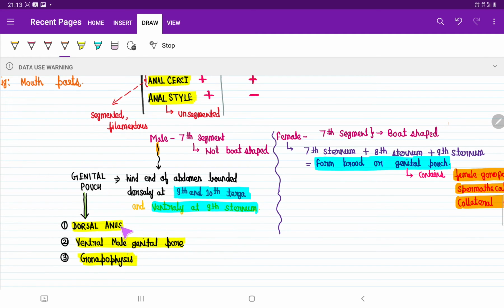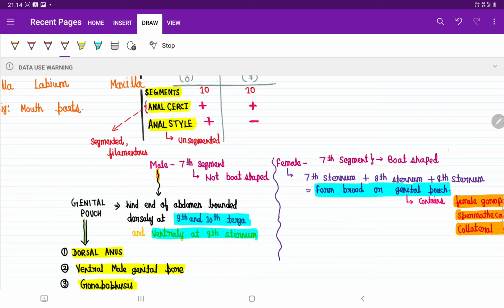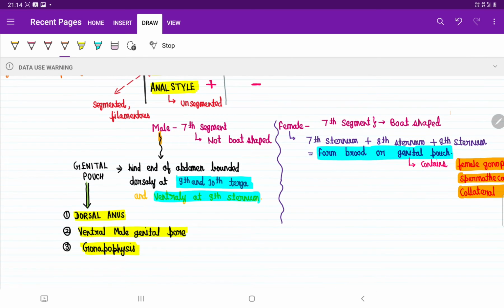That genital pouch has a dorsal anus, a genital pore, and gonapophyses. Except for the anus, these all have a role in reproduction. We will see that in detail.